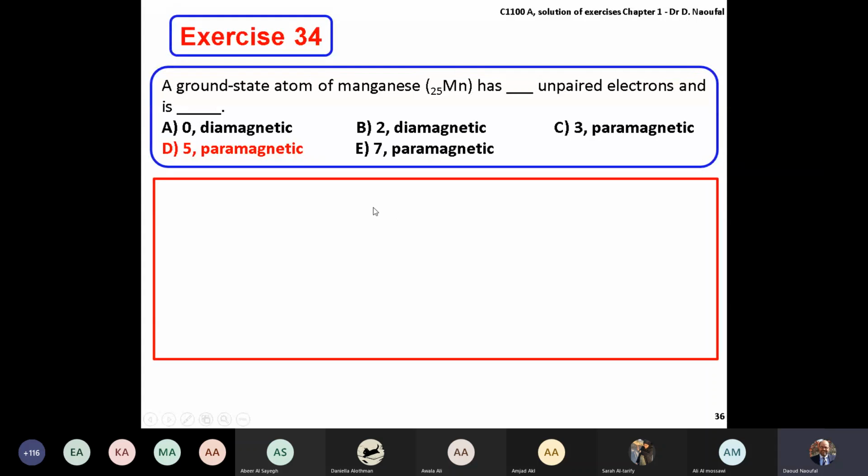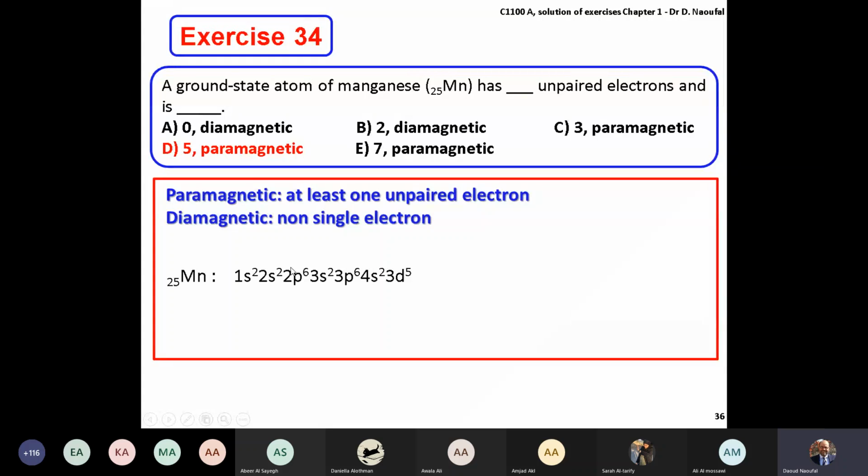First of all, we write the electronic configuration of Mn: 1s2, 2s2, 2p6, 3s2, 3p6, 4s2, 3d5. We write the box representation, and for d we have 5 boxes: 1, 2, 3, 4, 5. Pay attention, when you write electrons in different orbitals, these electrons should have the same spin.